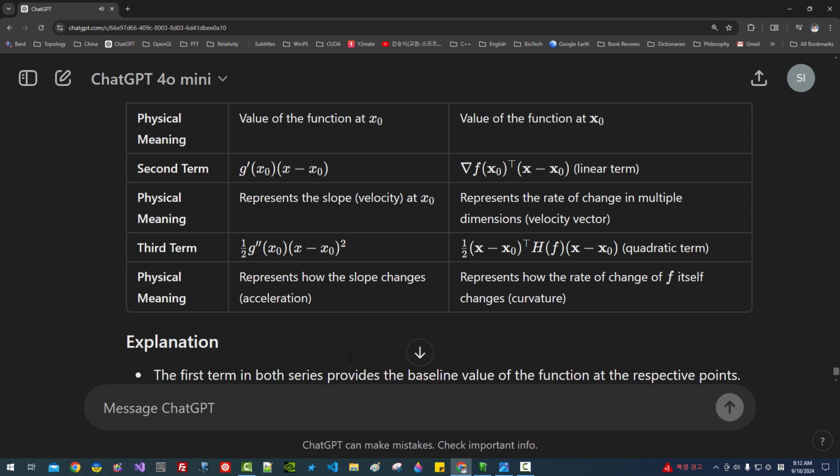Physical meaning: represents the slope, velocity at x0; represents the rate of change in multiple dimensions, velocity vector. Third term: 1/2 g''(x0)(x minus x0) squared, and 1/2 (x minus x0) transpose H_f (x minus x0), quadratic term. Physical meaning: represents how the slope changes, acceleration; represents how the rate of change of f itself changes.